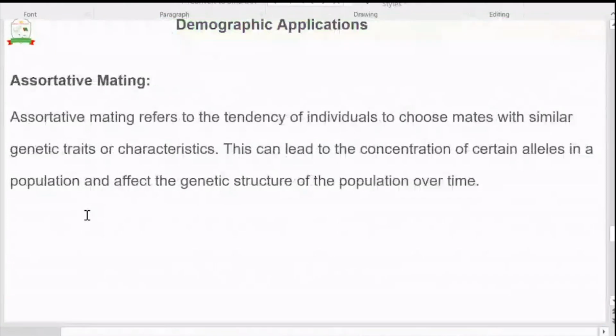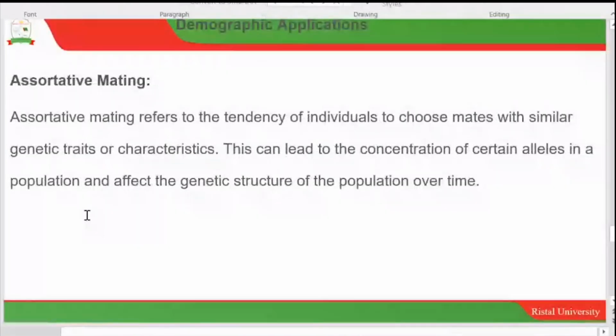And we also have what we call assortative mating, which is how we can apply population genetics in the field of demography. Assortative mating refers to the tendency of individuals to choose mates with similar genetic traits or characteristics. This can lead to concentration of certain alleles in a population and affect the genetic structure of the population over time.